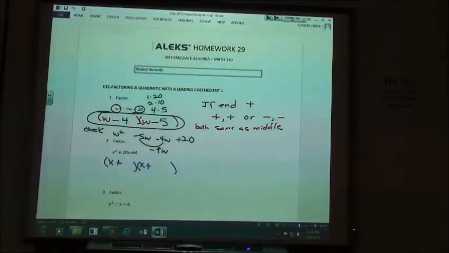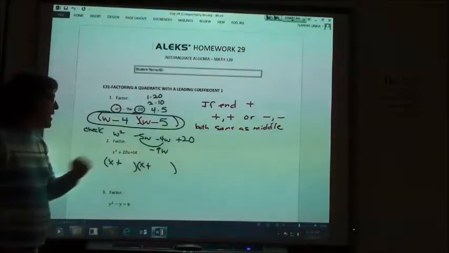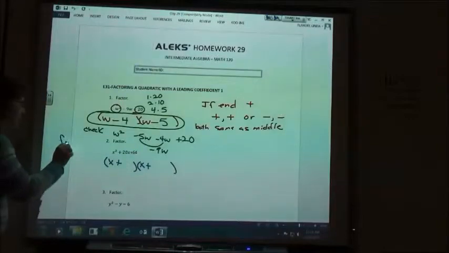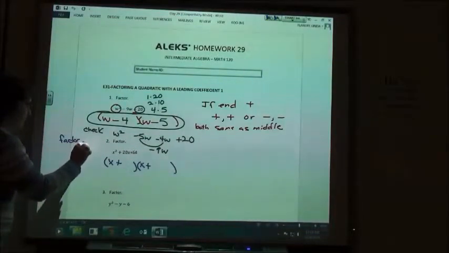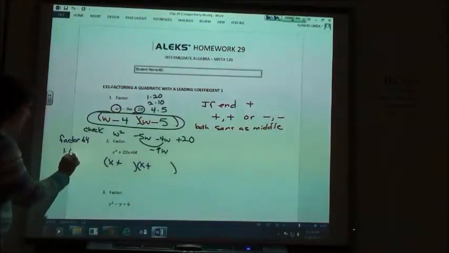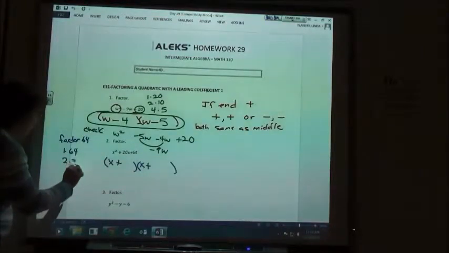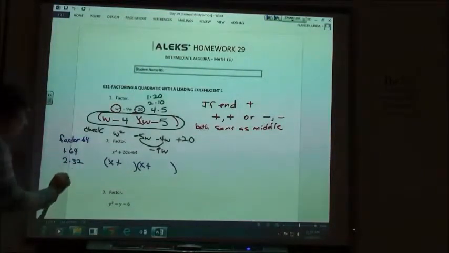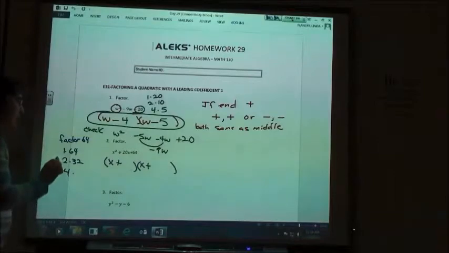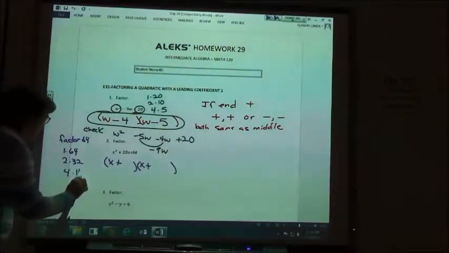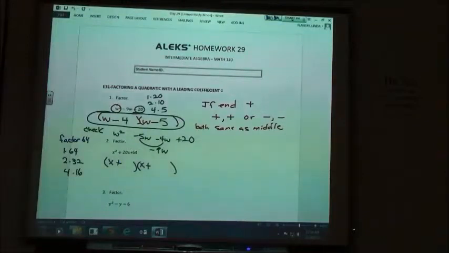Now I'm looking at the factors of the end number, the factors of 64. 1 and 64, 2 and 32, 3 doesn't work, 4 goes in there, 16 times 4, 5 wouldn't work, 6 wouldn't work, 7 doesn't work, 8 does. 8 times 8 is 64.